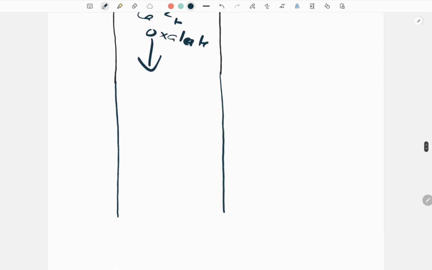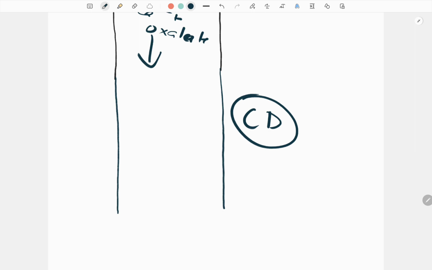But now in a malabsorption state like Crohn's disease, the fat molecules are not getting absorbed from the intestine. So there are many fat molecules present here, and there are oxalates that are present in the tract normally. Now what happens when calcium comes? Calcium usually gets chelated in the GI tract with the fat.